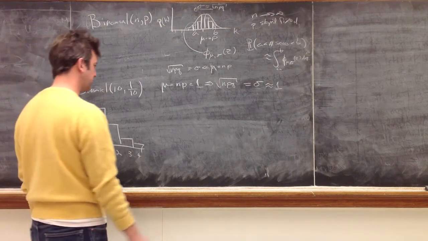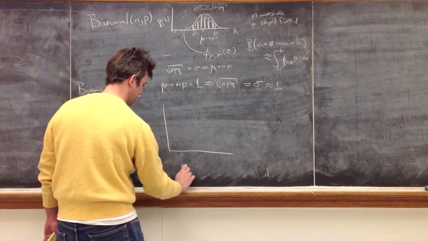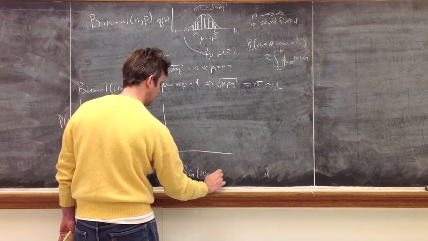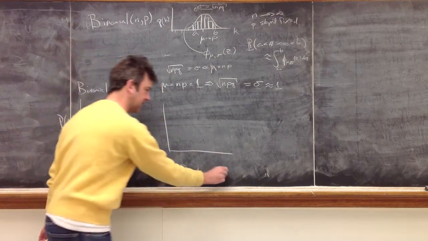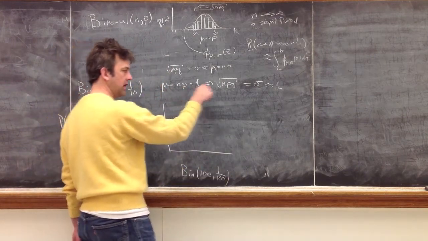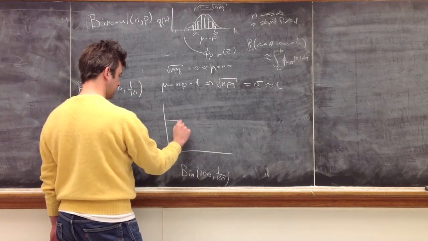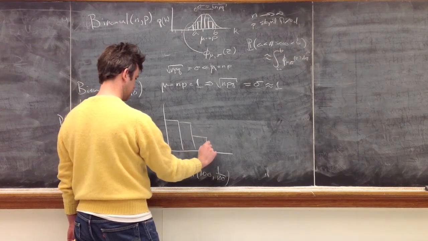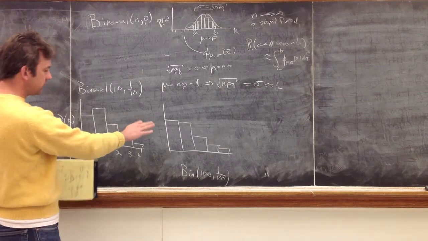And if we draw another picture, if I now plot the binomial with n equals 100 and p equals 1 over 100, so once again, I've kept mu to be 1 and sigma just about 1, it looks very, very similar. In the book, they have a whole bunch of plots, and they start to look quite similar.